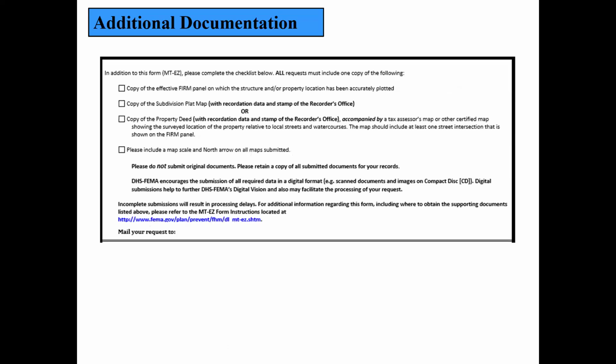Additional documentation. So all of these applications have a little checklist to make sure that you have everything you need to submit. And so you do need a copy of the FIRM panel. You need a copy of the plat map, which you can find with the recorder's office where the deed is kept, and then a copy of that deed, and then a map, which includes a map scale and north arrow.